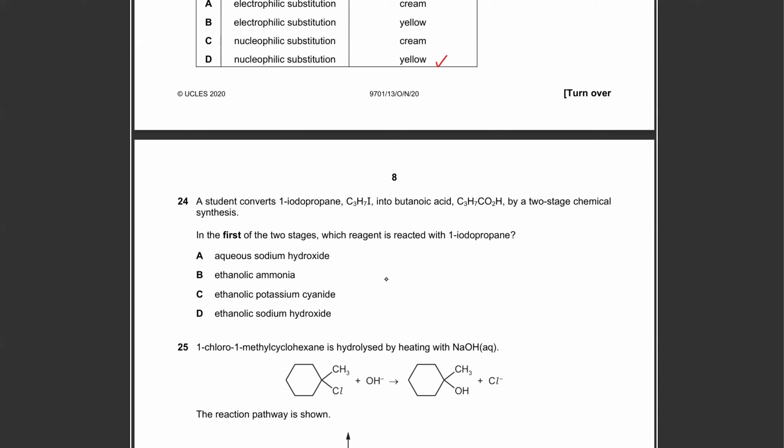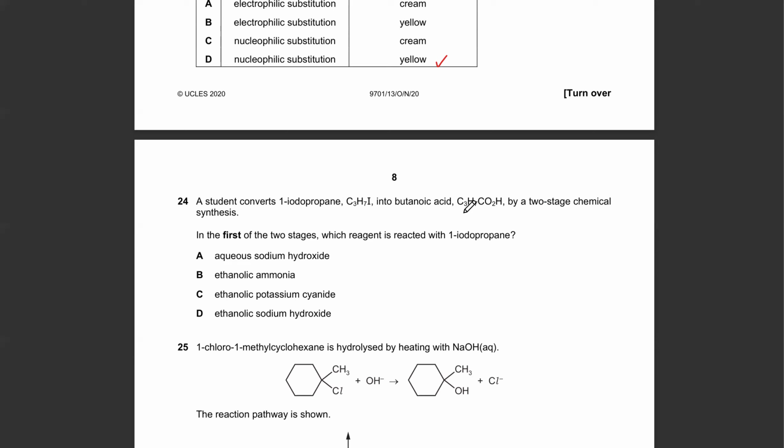Now this iodopropane is converted to butyric acid by a two-stage chemical synthesis. In the first of the two stages, which reagent is reacted with iodopropane?